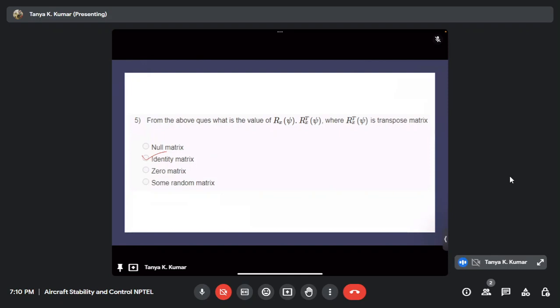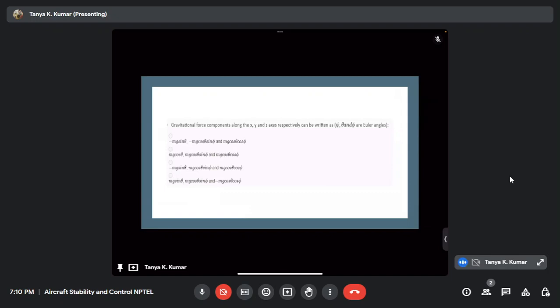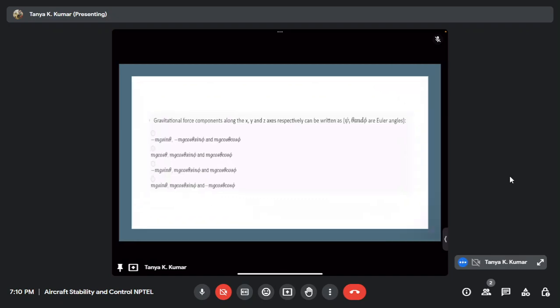Okay, so these are some additional questions. The gravitational force components along the x, y, z axes can be written in terms of the Euler angles. It's taking some time to load. Okay, now you can see the question. This is a direct question, you know the values. Just tell me which one is the right option.